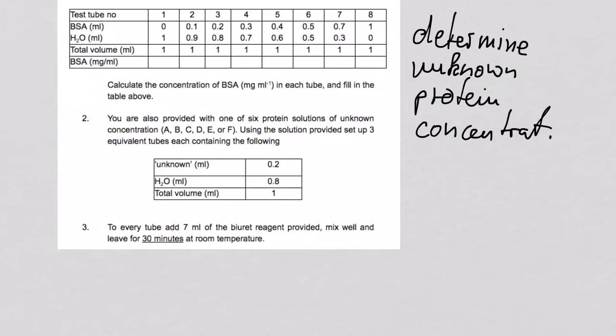And we said we can easily do that if we, for example, have the extinction coefficient for this protein, because then we can use the Beer-Lambert law. So absorbance equals concentration times the path length in centimeter times the extinction coefficient.